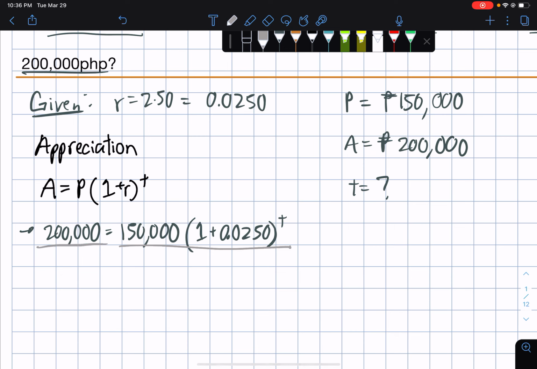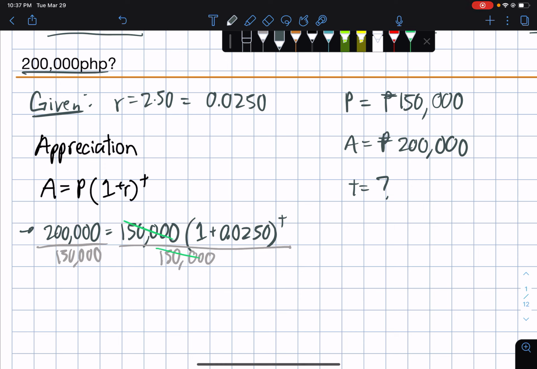First, this is actually not an optional technique. You have to do this. It's mandatory. I've made my mistakes before. I did try to simplify this even before dividing, but it did confuse me more. I think it's less confusing if you divide both sides by the number beside the 1 plus r, or 1 plus r over n.